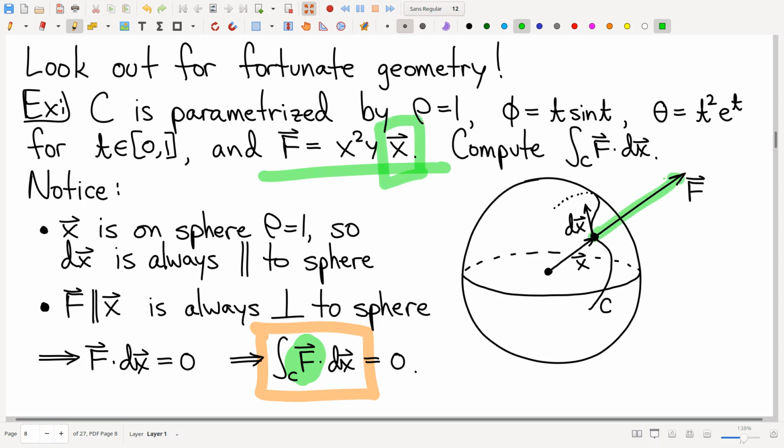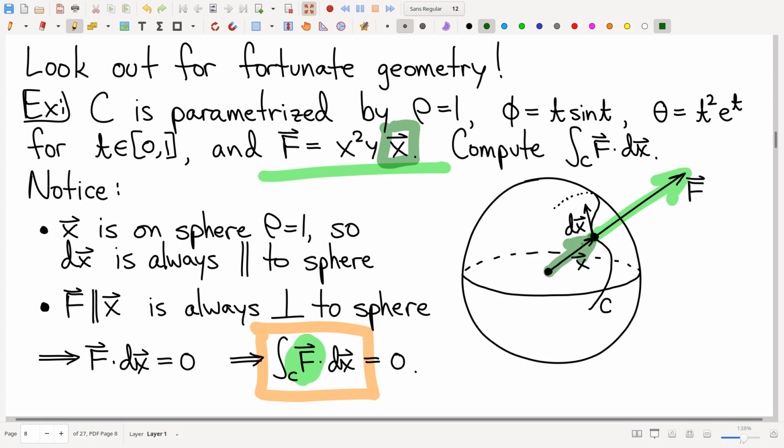So the vector field has to be what I'm going to call radial. And actually, let me make a better color choice here. The x vector, the position vector, pointing directly outward from the origin, means that our vector field F also, like a scalar multiple of that, is radially outward from the origin. Yeah, cool.